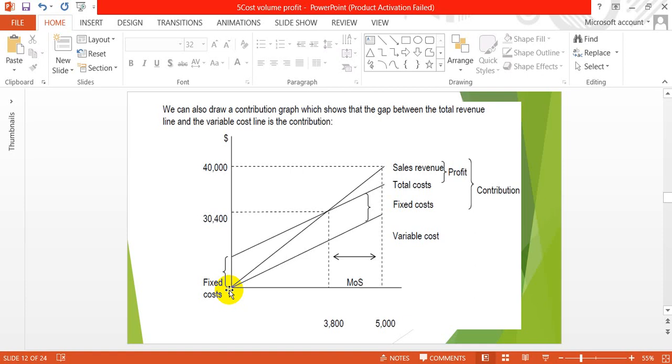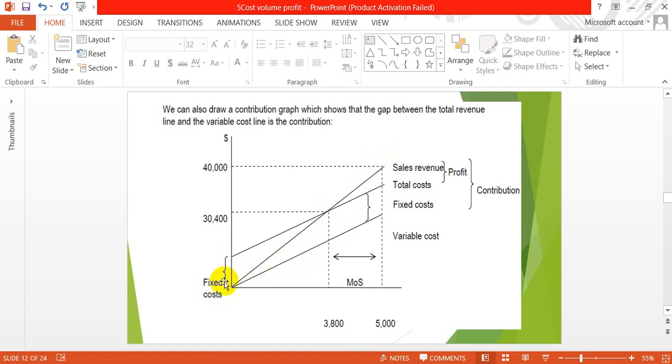So both the sales revenue line and the variable cost line will start from 0. So that's your sales line, that's your variable cost line.